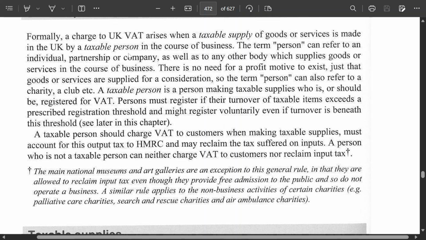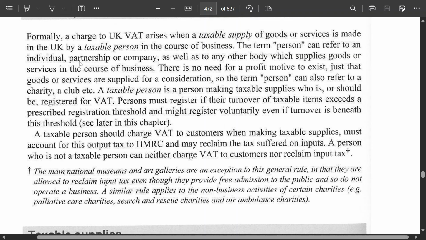If you remember in your previous semester, we studied about legal persons. We studied natural legal persons and artificial legal persons, which are companies, right? Here, the definition of person under VAT is very broad. It includes partnerships.